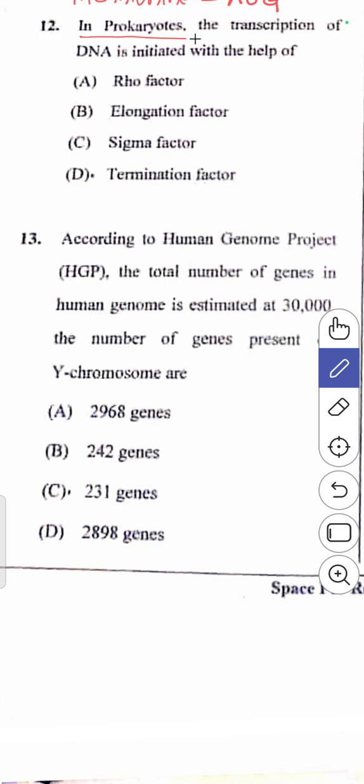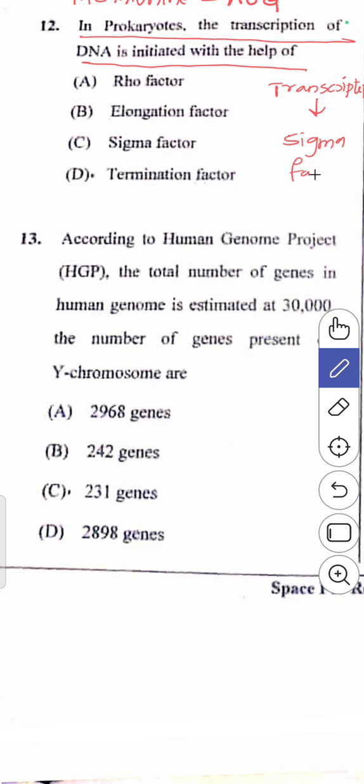In prokaryotes, the transcription of DNA is initiated with the help of what? In the case of prokaryotes, the transcription is initiated by a factor, that is the sigma factor.